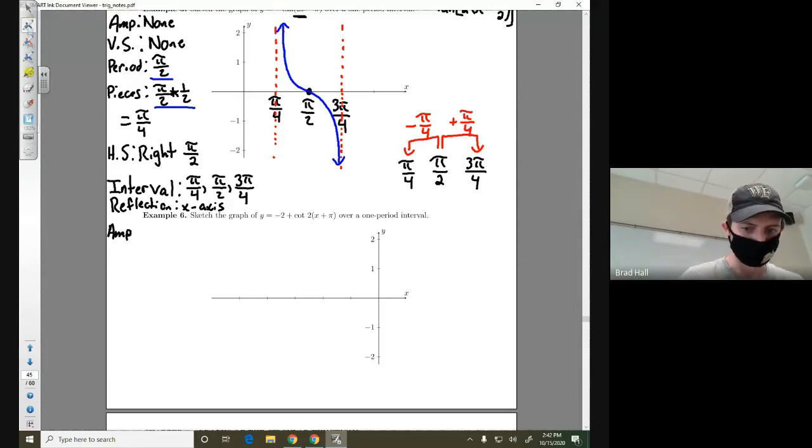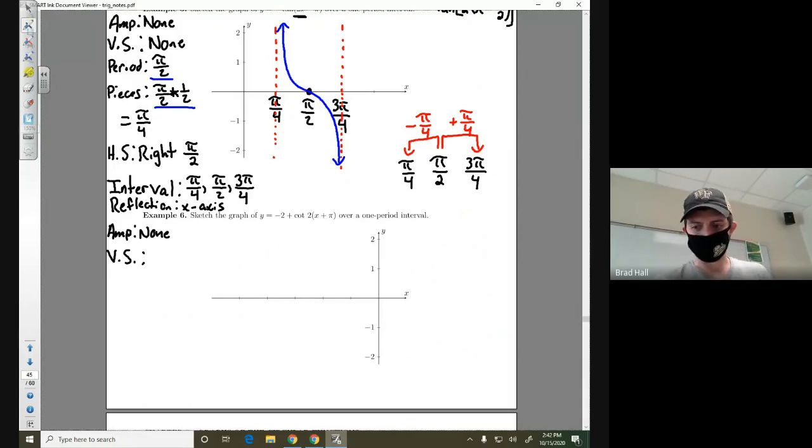If you want, you could put the amplitude as none, if you just enjoy having the list that's unchanged for all the trig functions. Vertical shift. Well, if you want to, you can go ahead and rewrite it now, even if it's not really much of a change.